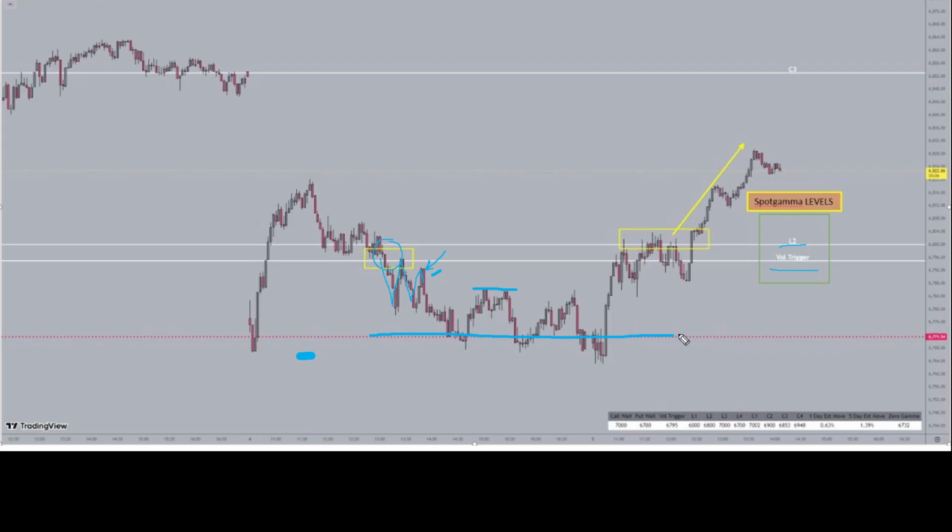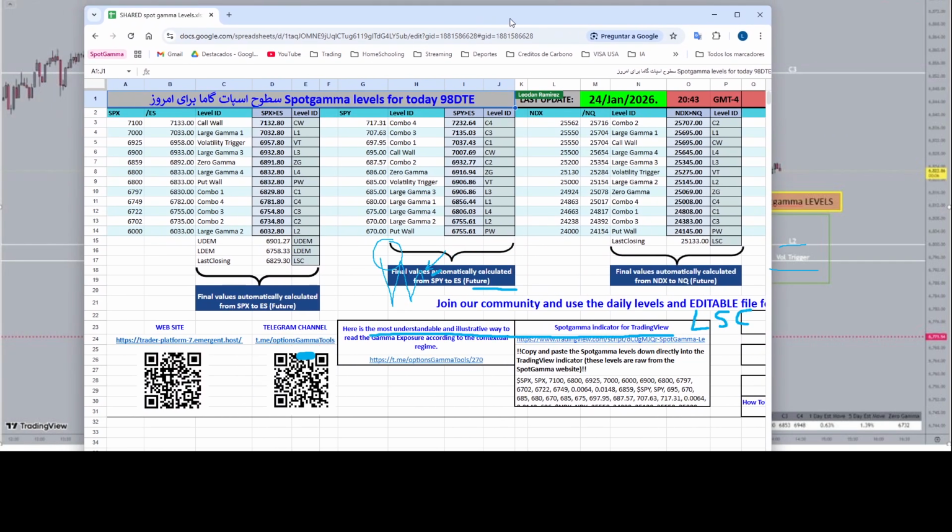This level is named in my Excel as last close, LSC. The close of the previous day, I have this named as LCS, last closing, that's the last previous closing.